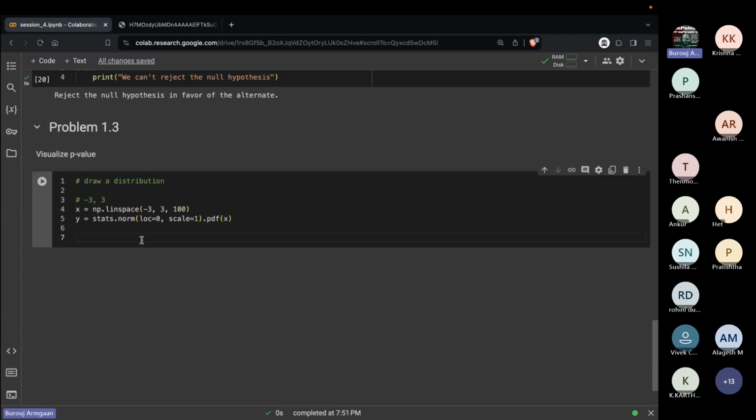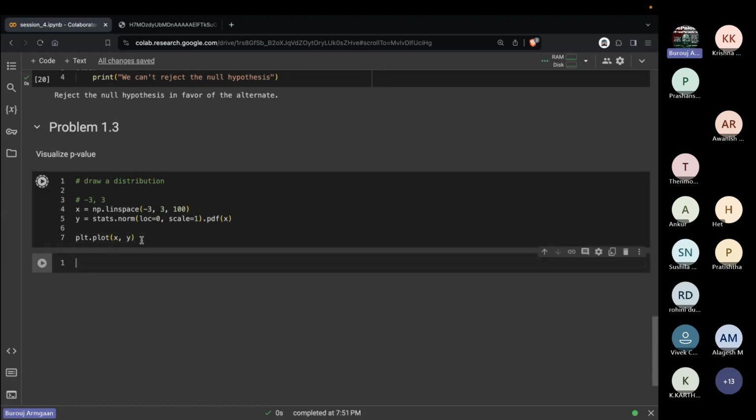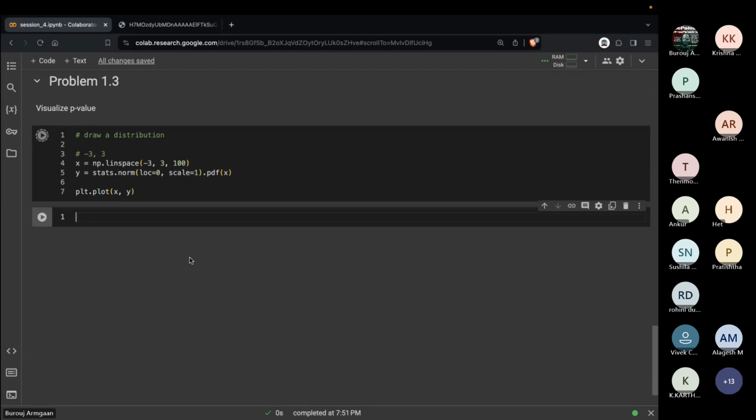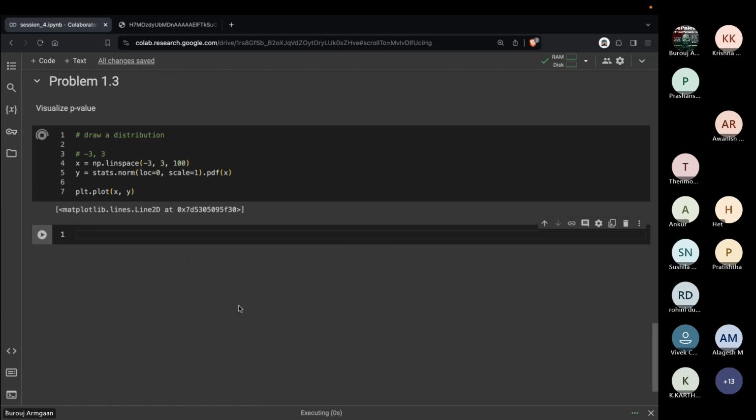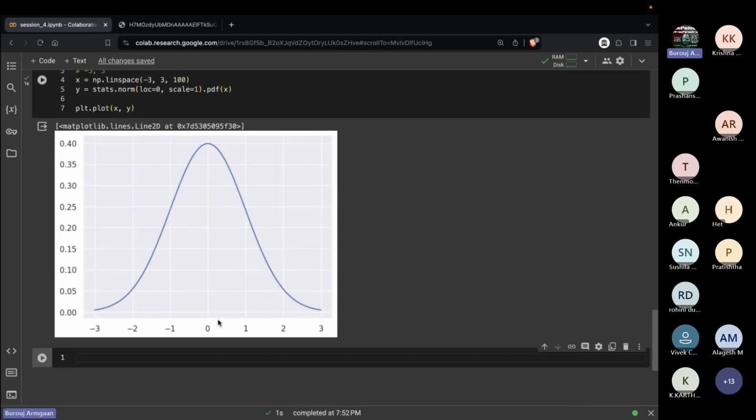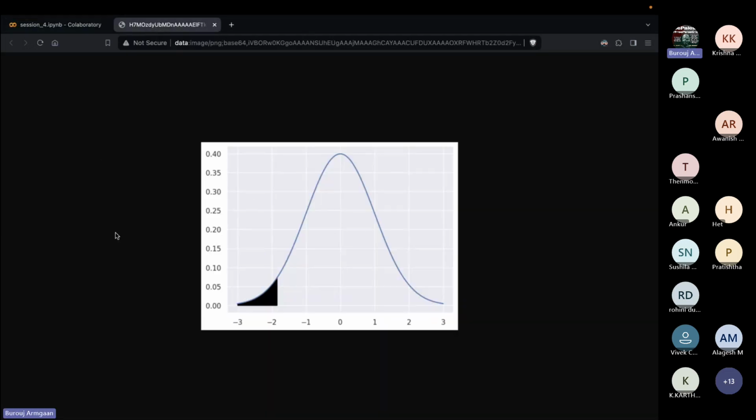So we have plt.plot, just give it x and y. Yeah, so you get this graph exactly the same as this one.